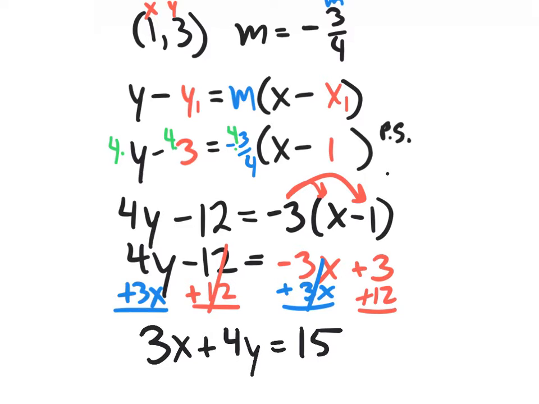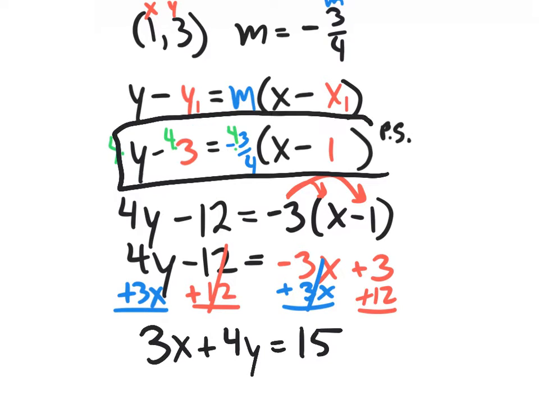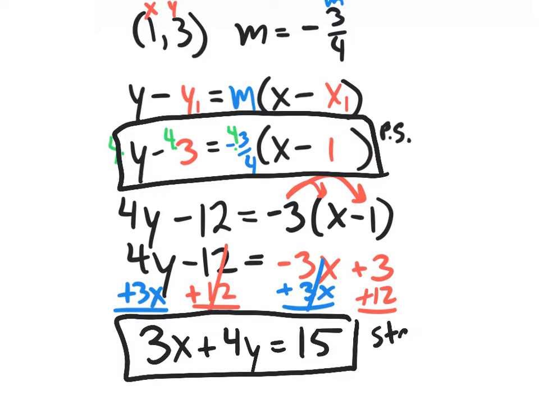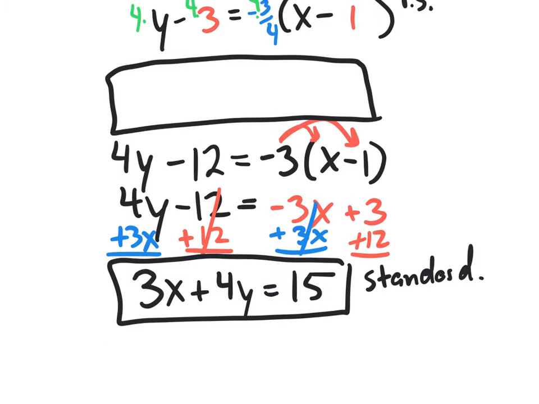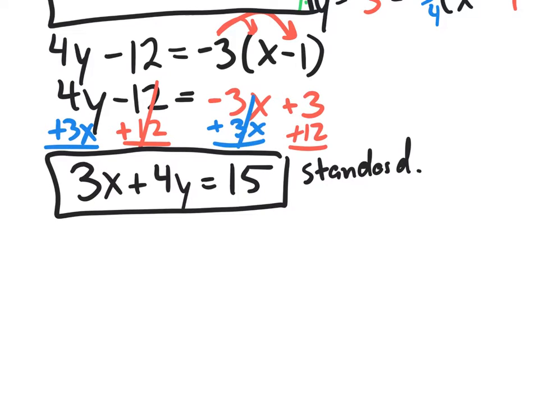So again, we took the point slope form equation and we changed it to standard form. And we could take that standard form equation and change it to slope-intercept, right? How would we do that? We'd have to get y by itself. So let me move things around here. If you wanted y by itself, you would subtract 3x.